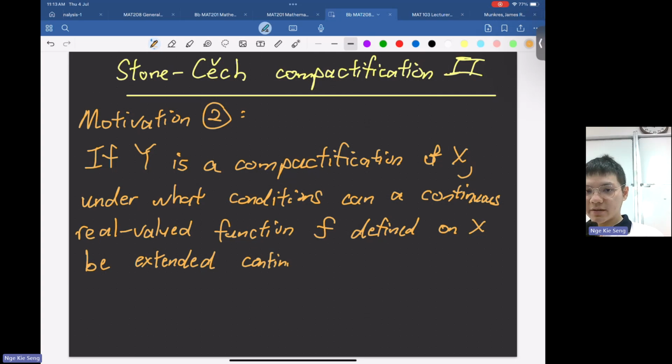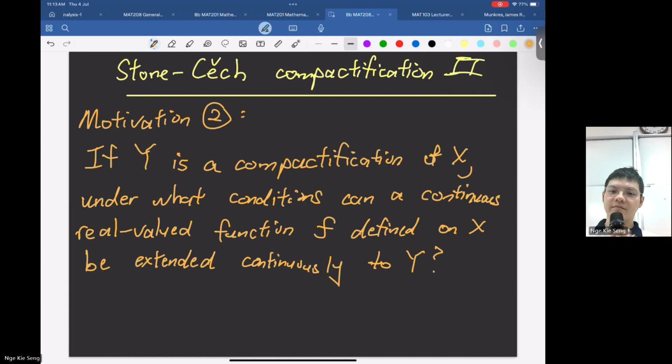So what do you think? When can you extend a continuous function, and then it is continuous again? Extend continuously.